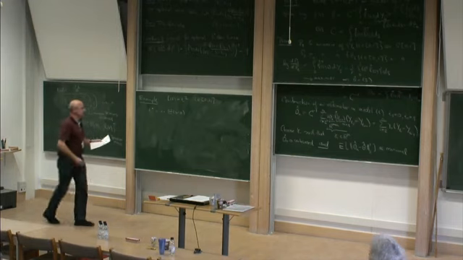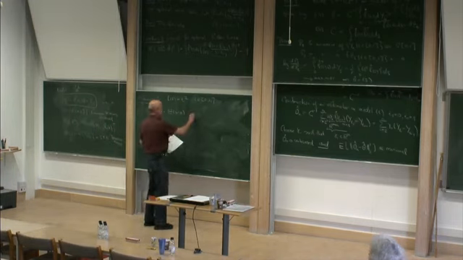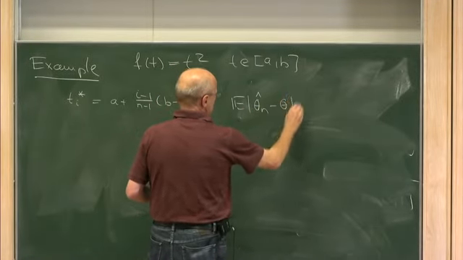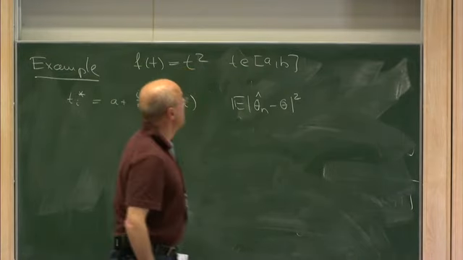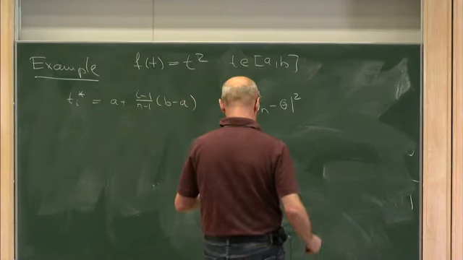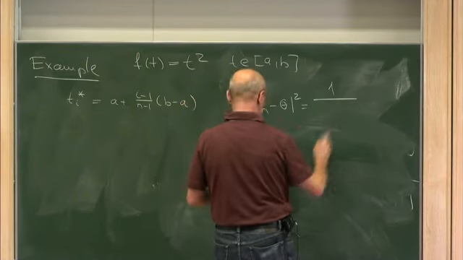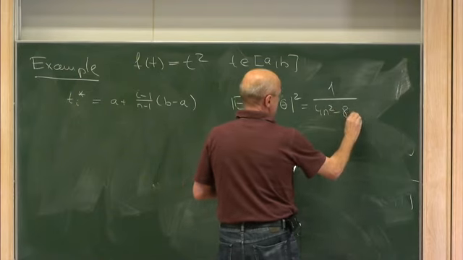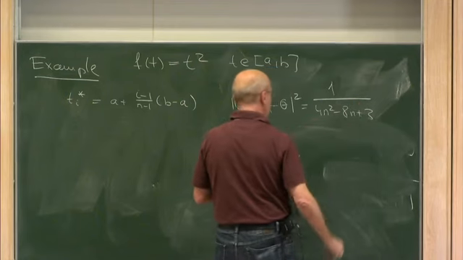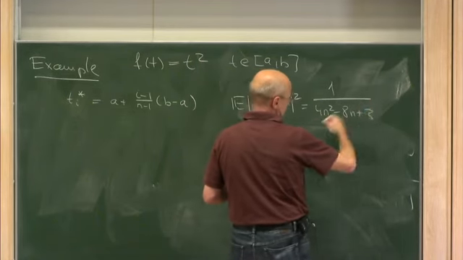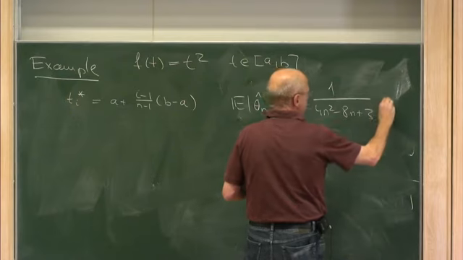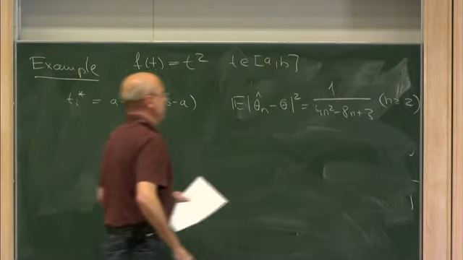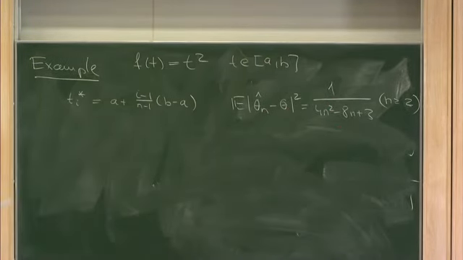And for this expectation here, I cannot calculate, so you get something with 4n squared minus 8n plus 3. And this should not be negative, right? I mean, n should be at least 2, which I think is not a big restriction. Okay, so this is theta hat.